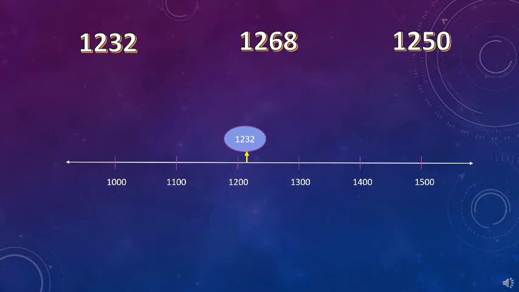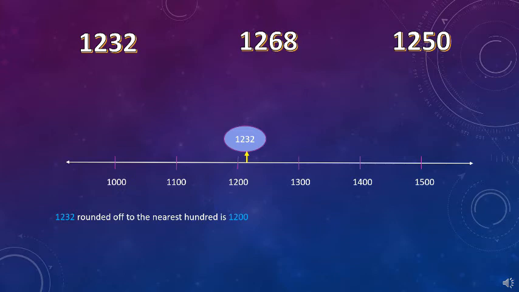Thus, we round off 1232 to 1200. Also, 1200 is the multiple of 100. Hence, 1232 rounded to the nearest hundred is 1200.